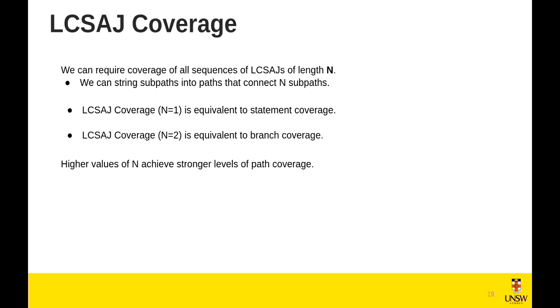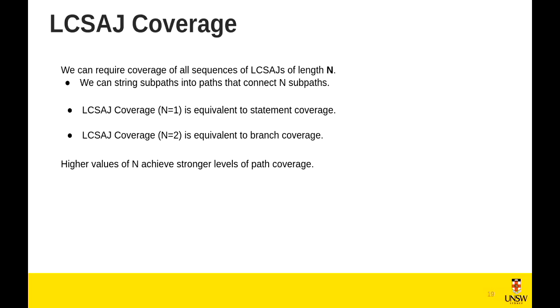And if we want to have path coverage, we need to have higher values of n. But we can't decide the number of n here unless we are given a particular program, because we don't know how many segments we need to connect to build up the entire control flow graph. So we need higher values of n in order to achieve path coverage.